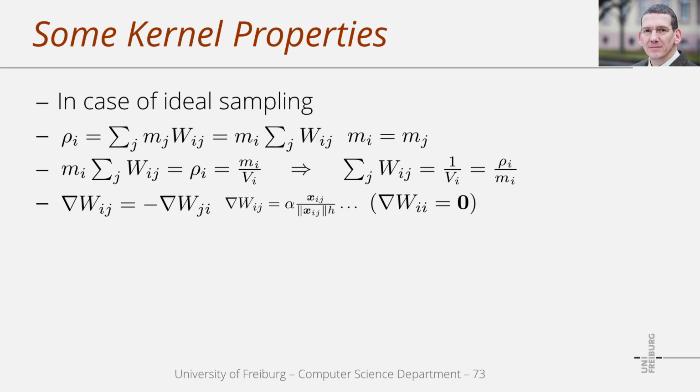As the kernel function is symmetric, the kernel gradient is antisymmetric. So the kernel gradient for the particle pair ij is the negative of the kernel gradient for the particle pair ji. This can also be seen from the form of the kernel derivative that contains the difference x_i minus x_j. And we define that the kernel gradient for the particle pair ii is equal to 0.